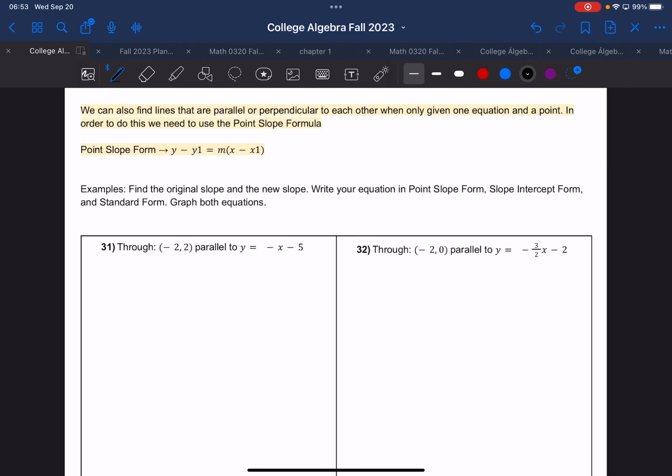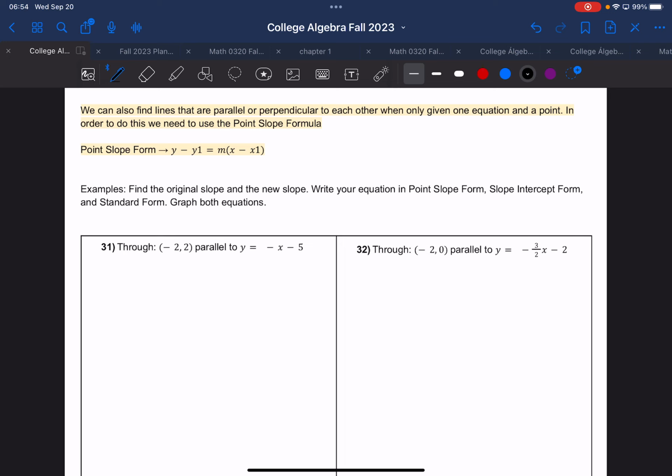So we learned about standard form, we learned about slope-intercept form, and now we're going to learn about point-slope form. And this is the last form for linear equations. Okay, so it says you can find a linear equation if you are given an equation, given a point, and given if that equation is either parallel or perpendicular to the first equation.